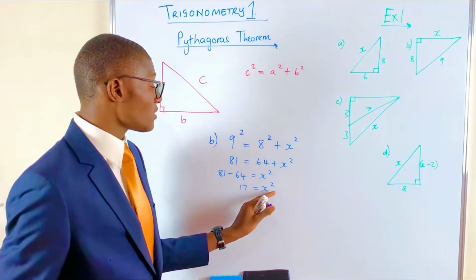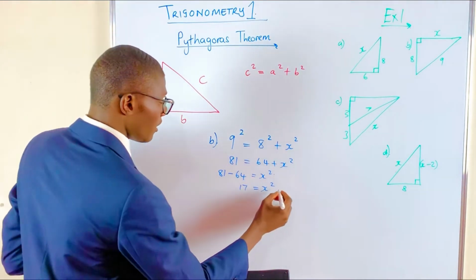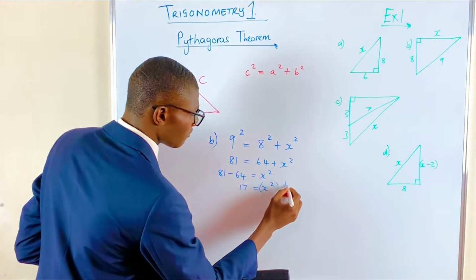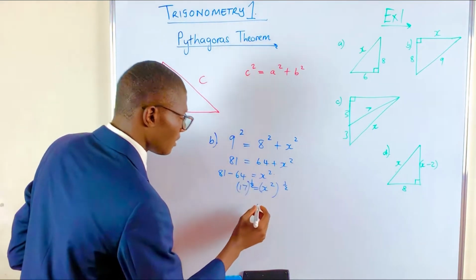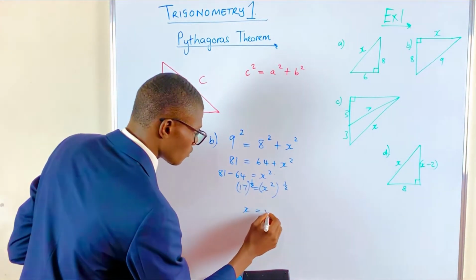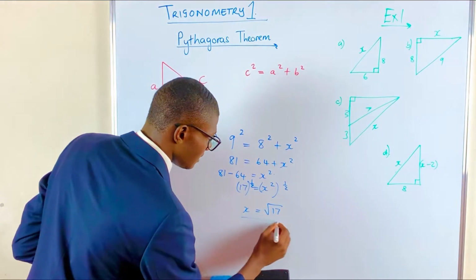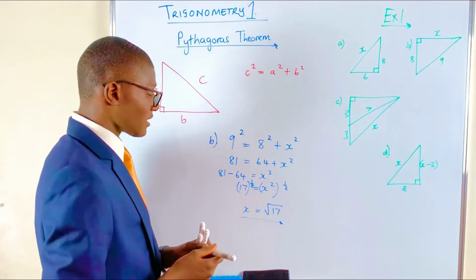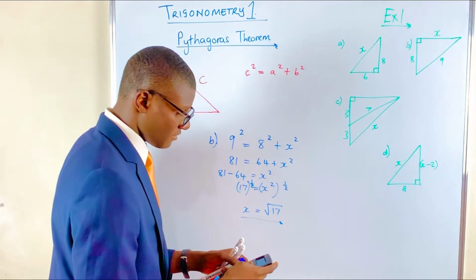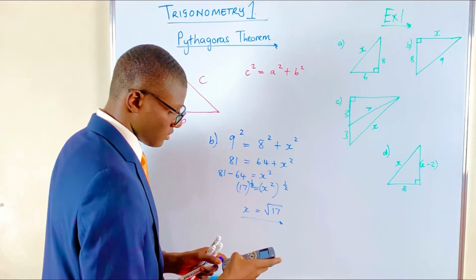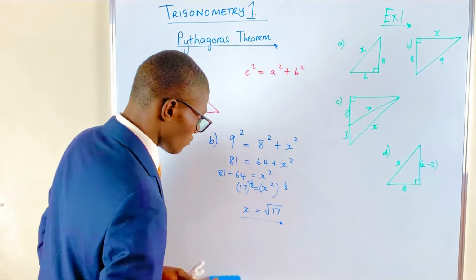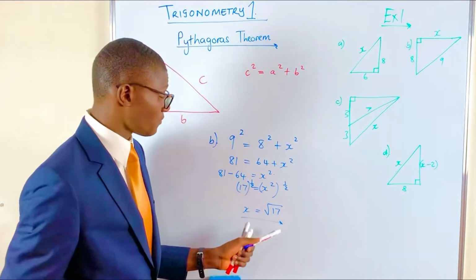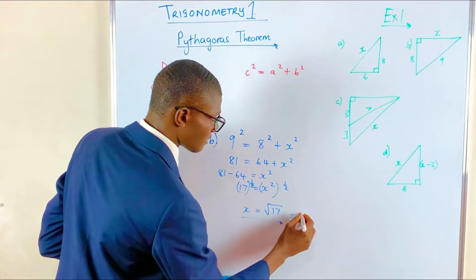Then for us to get rid of the square, we raise both sides to the power of half, which is the same as square rooting both sides, such that x would be the square root of 17. So we can leave it like this, or we can simplify it further to get 4.12, and this is to three significant figures.